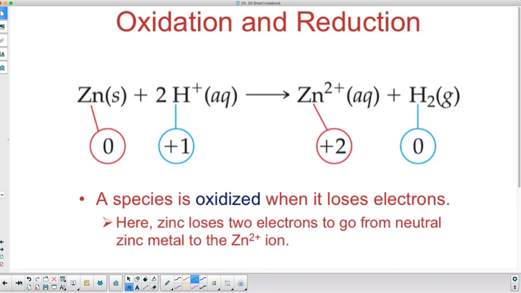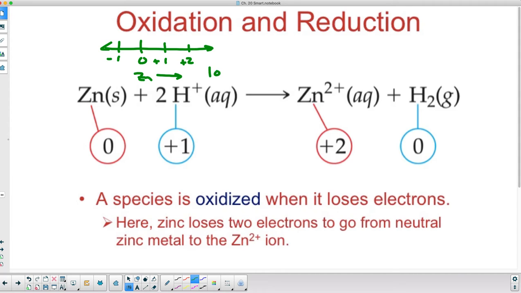Now here's how I think of it. If I have a number line, you guys know what a number line looks like, and I got 0, 1, 2, and so on, and this would of course be a +1, +2, this would be a -1. What if I have something like zinc that goes from a 0 before the reaction, and then after the reaction it goes to a +2?